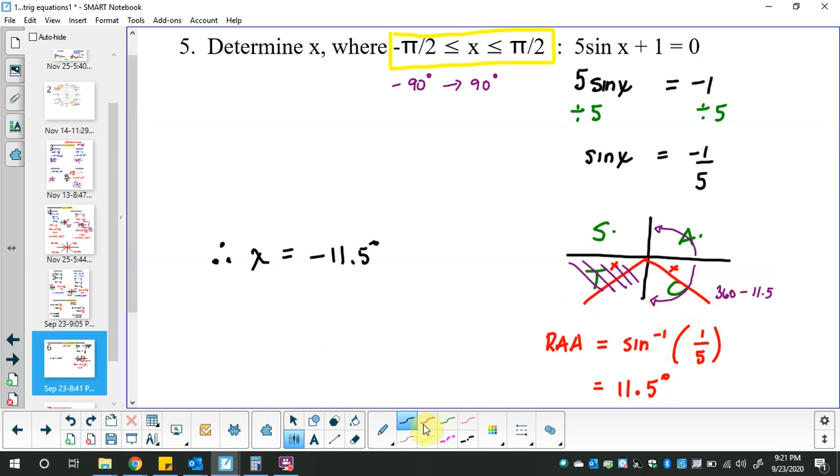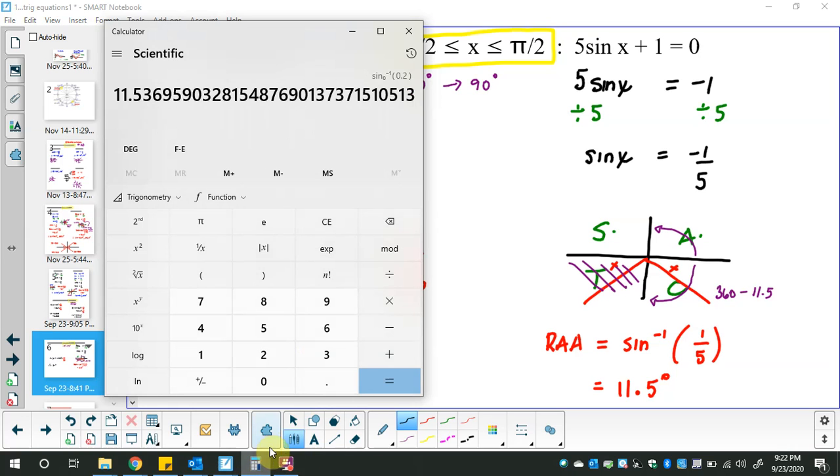But we need one last therefore statement, even though this is the only angle that applies, and the reason is because we need to make sure that we have radian answers. So my final therefore statement, nice, big, bold: therefore, x equals, I've got my 11.5 there. Let's make sure I don't make any silly mistakes.